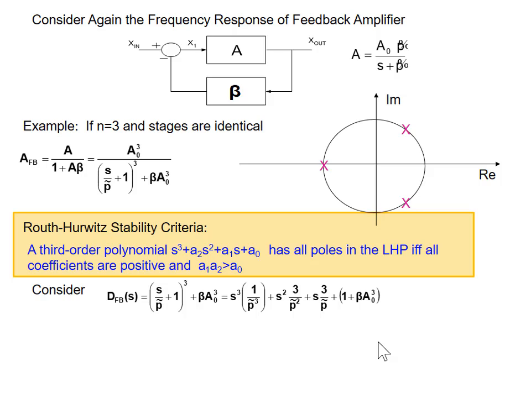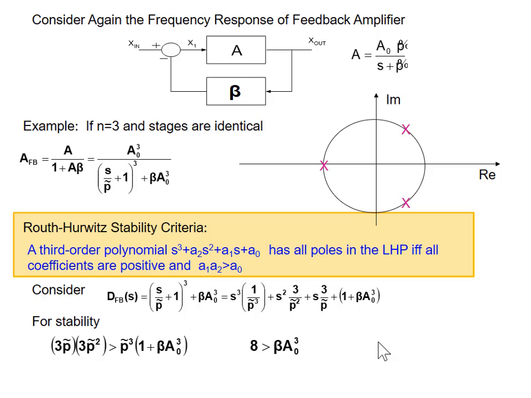So let's consider the denominator polynomial and apply Routh-Hurwitz stability criteria. The product of the inner 2 terms, 1 over p tilde cubed times 3 over p tilde squared. Did I do that wrong? Well, I need to multiply through by p tilde cubed to get a monic form. So this will be 3 over p tilde, and this will be 3 over p tilde squared when I multiply through by p tilde cubed.